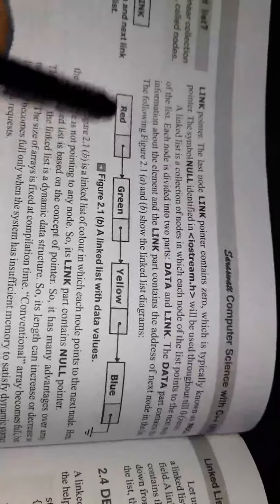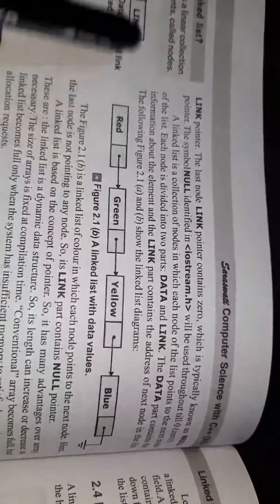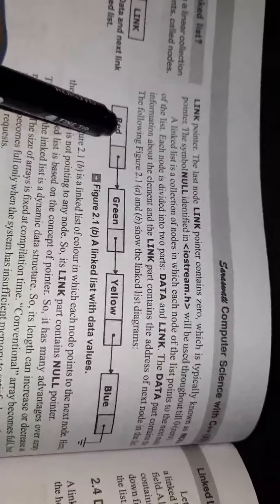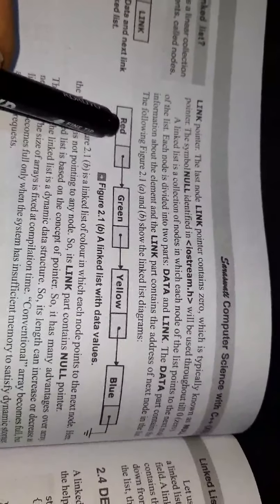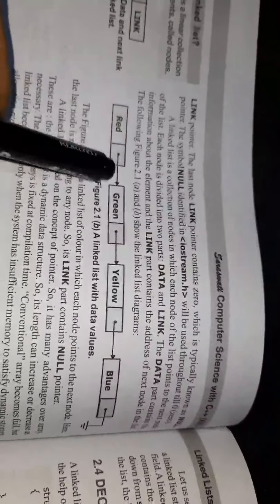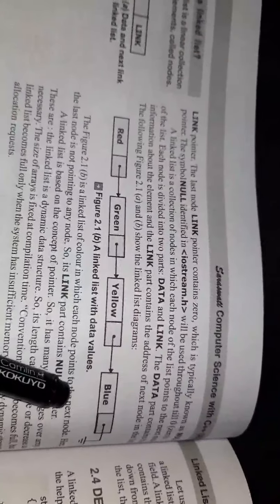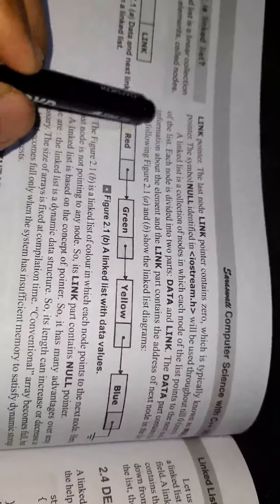So in a linked list you use two elements, whereas in an array you use only one array element to store the data. In an array, the array elements are stored sequentially in order starting from array index 0 1 2 3 4 5 6 7, like that, and the memory locations are also in a sequential manner, one after the other.